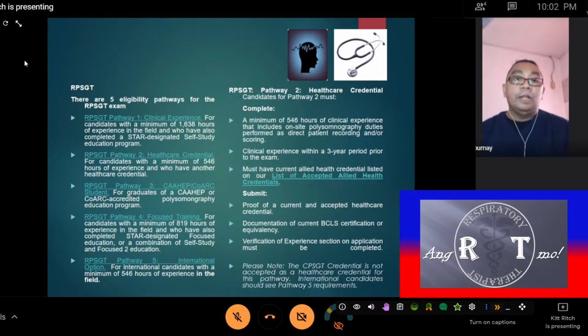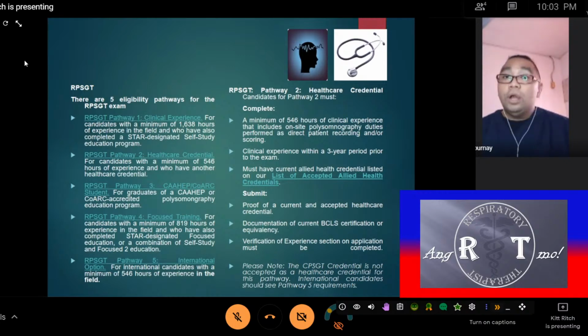So, for example, if you are a graduate of respiratory therapy, and you have a minimum of 546 hours of clinical experience in the sleep lab, plus a certificate in basic life support, then you are entitled to take the examination for the Board of Registered Polysomnographic Technologists, or the BRPT.